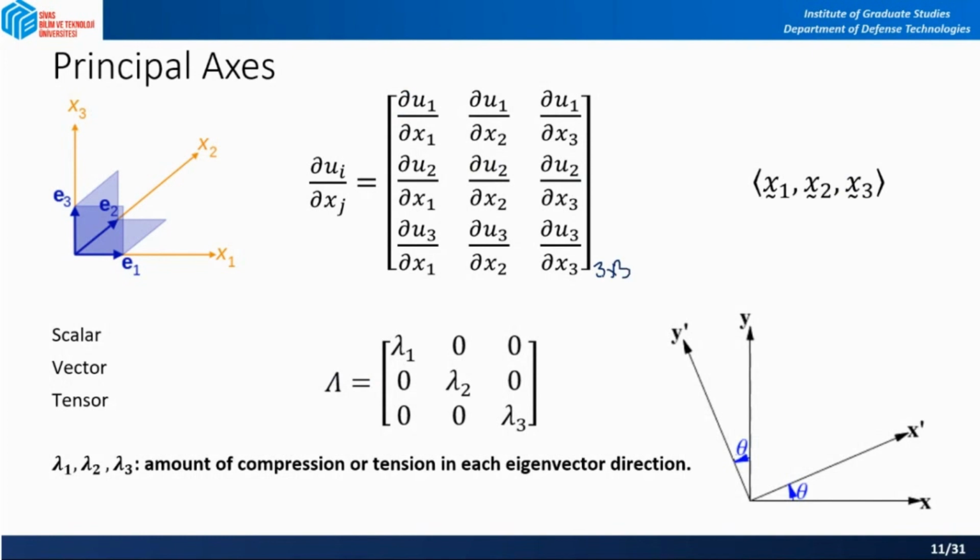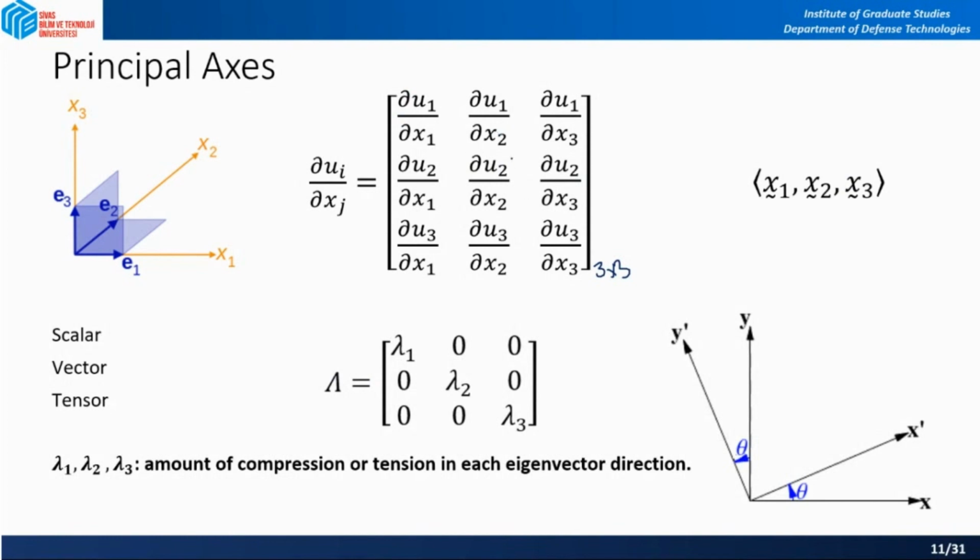Let's say you did some measurement, using PIV or hot wire, and you measured all these components of the flow at some point or some field.